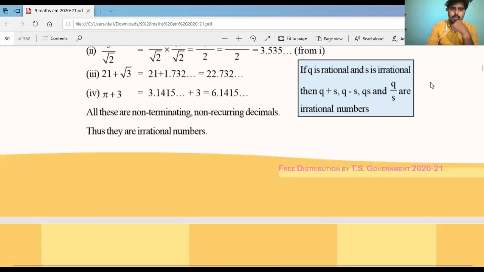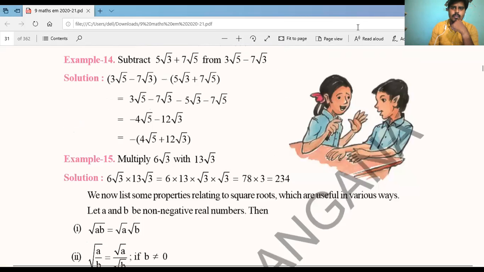See the example number 14. Subtract 5 root 3 plus 7 root 5 from 3 root 5 minus 7 root 3. I'll take it on the whiteboard.